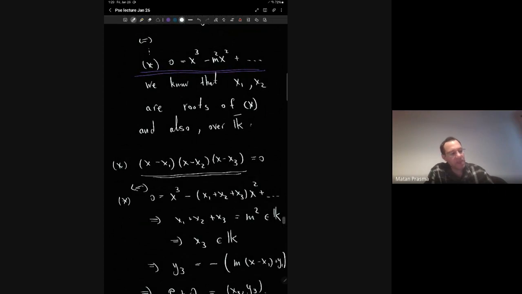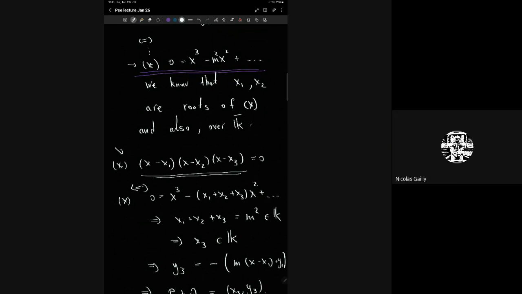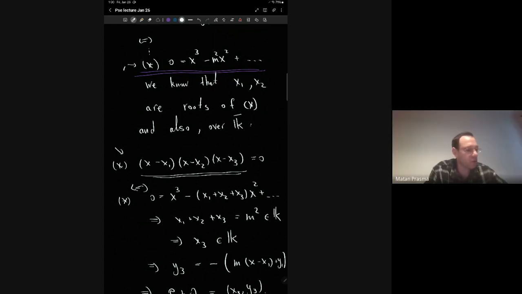Okay, so I'm saying we have this cubic here in purple, and like any polynomial, I can factor it linearly over the algebraic closure. So I know that over the algebraic closure, I have this. And these two things have to be equal.